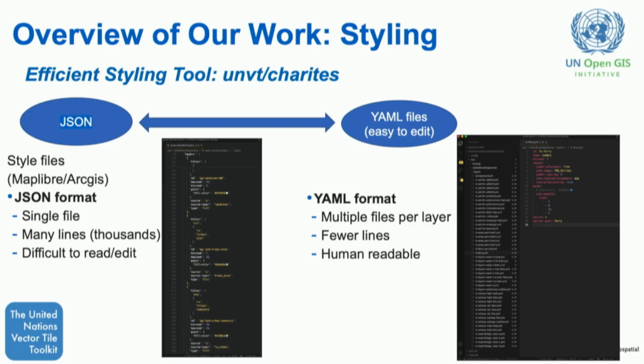That's right. Yeah, as I explained, UNVT Cartographer allows us to convert JSON files to YAML files. If a JSON file is aligned with the MapLibre specification, we can successfully convert it to YAML files, and also we can convert YAML files to JSON files.